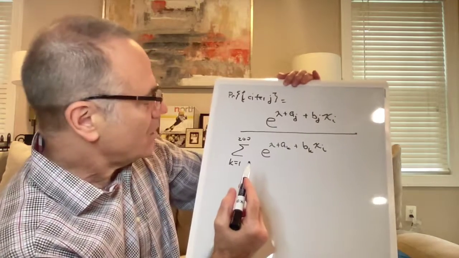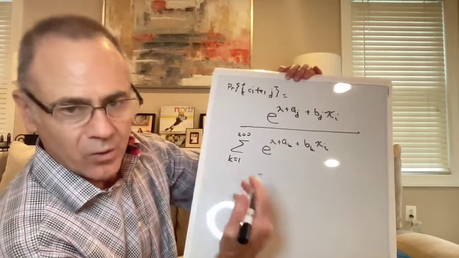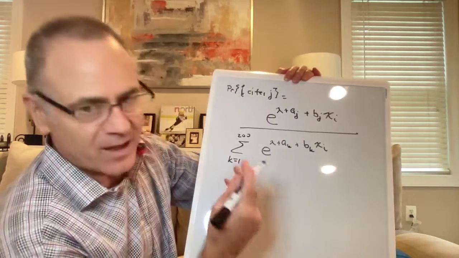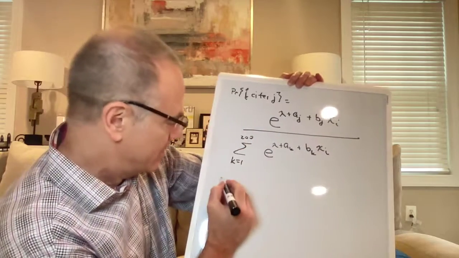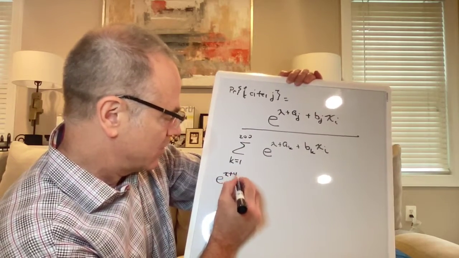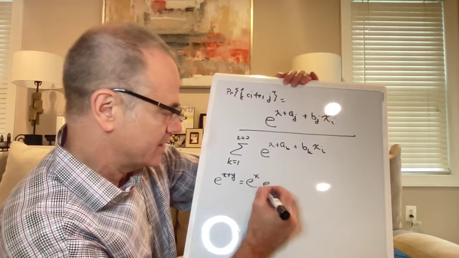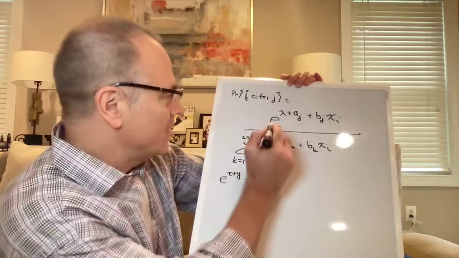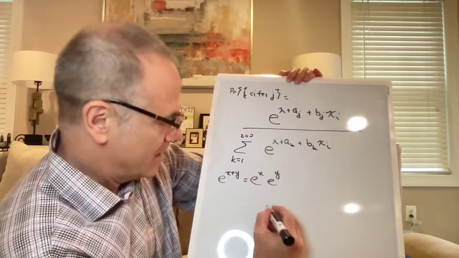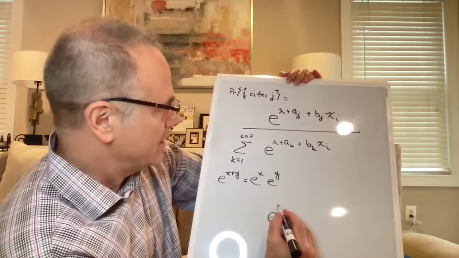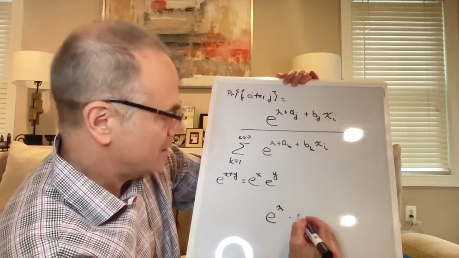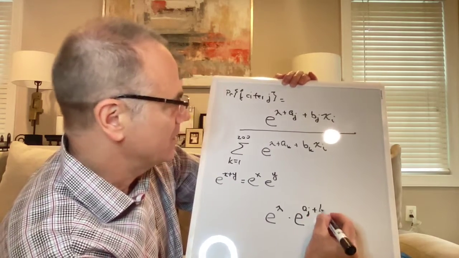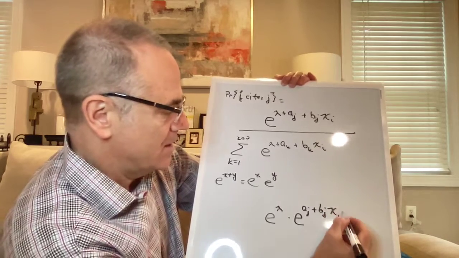Now remember the rule from, I think, ninth grade math. So e raised to the x plus y equals e to the x times e to the y. What that means is we can rewrite this as e to the lambda times e to the a sub j plus b sub j times x i.